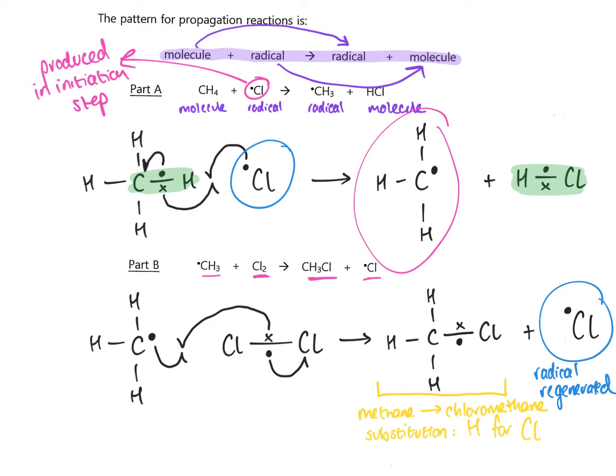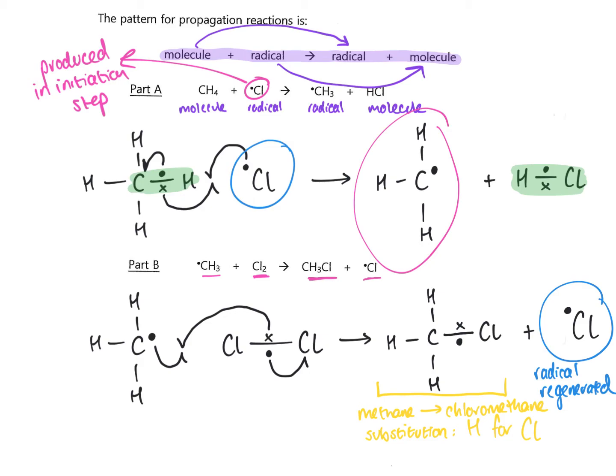Well, ultimately we've had a substitution where one of the hydrogen atoms in our methane molecule has been substituted for a chlorine atom. And that needed to happen with a chlorine radical, because a methane molecule would have been too unreactive to just react with a chlorine molecule. So you can see part A of the propagation reaction is a methane molecule reacting with a chlorine radical to produce a methyl radical plus a molecule of hydrogen chloride.